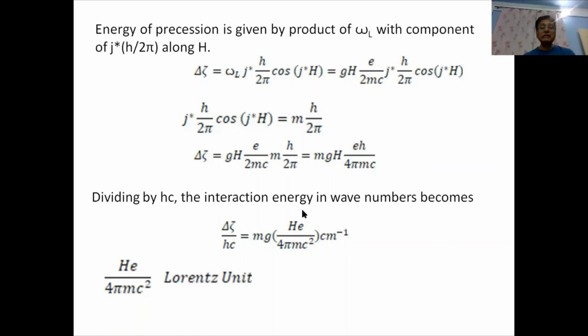Here H e by 4π mc² is called the Lorentz unit. Let us write this one as γ, then this becomes M G γ, that is M G Lorentz unit per centimeter. So the splitting because of this weak magnetic field is given by this M G L per centimeter.